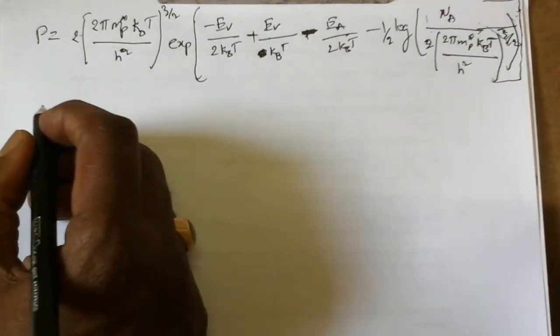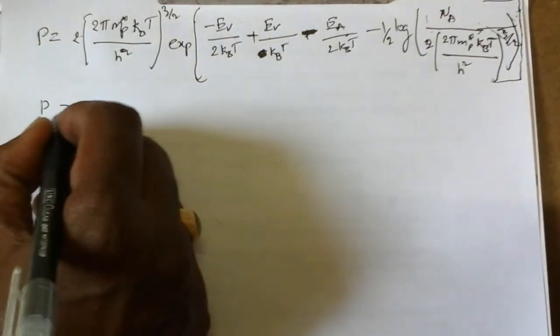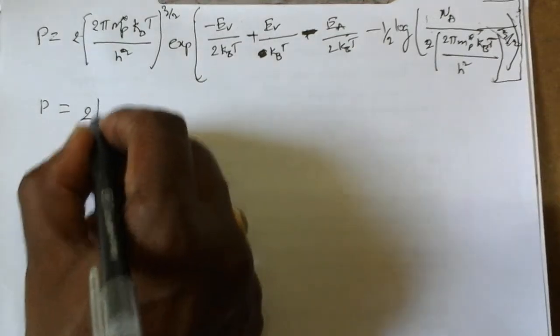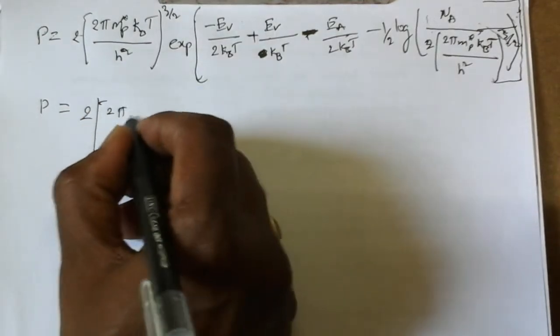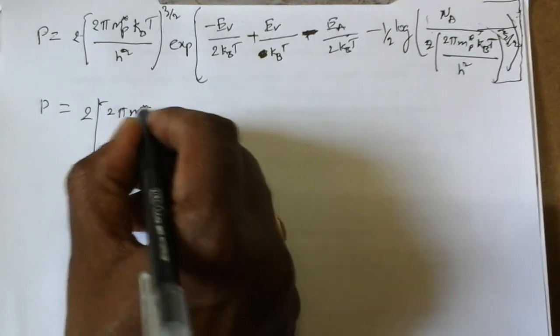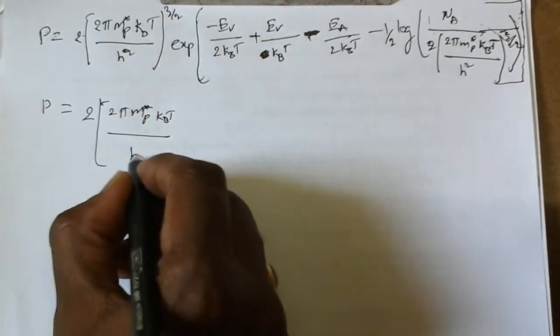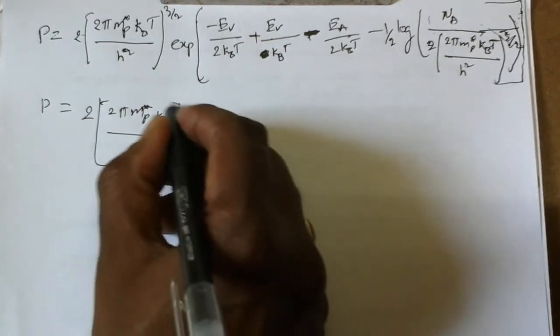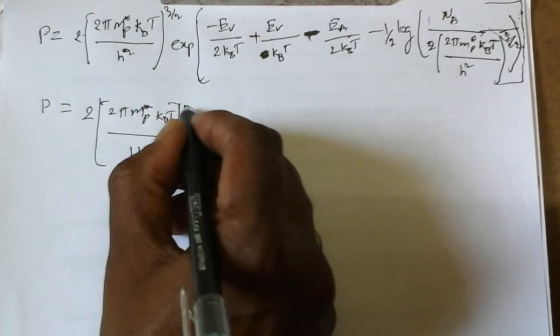Then P is equal to 2 into 2 pi m_p star k_B T by h square, whole power 3 by 2.